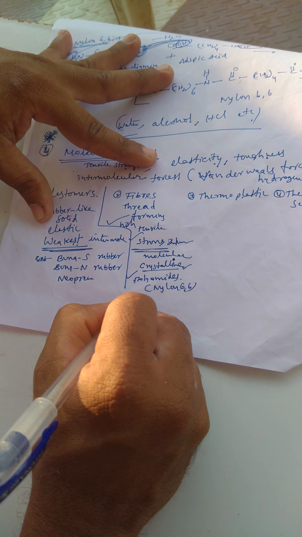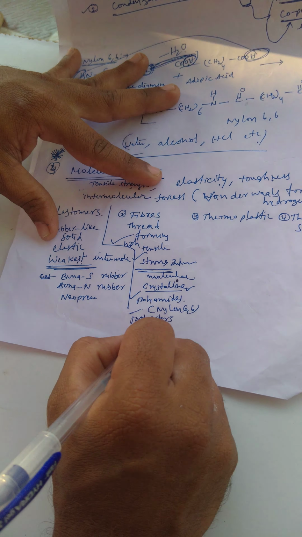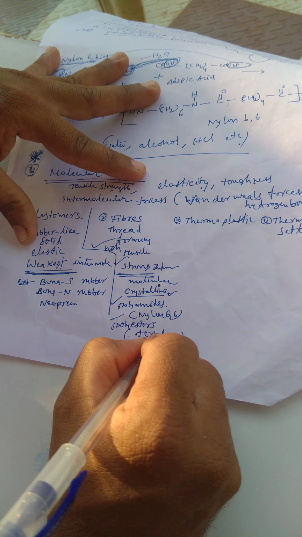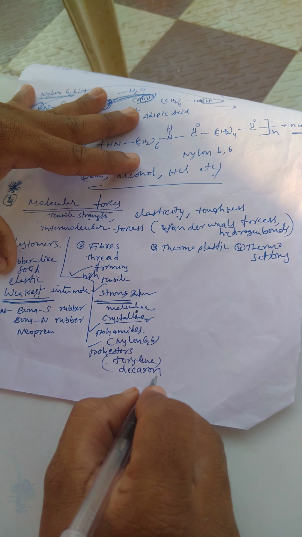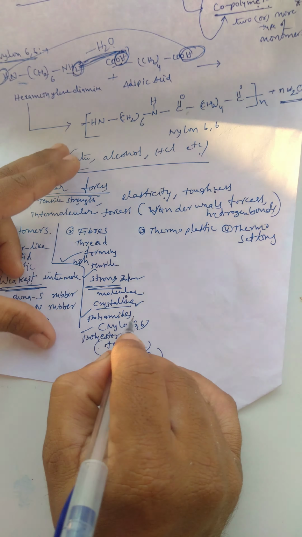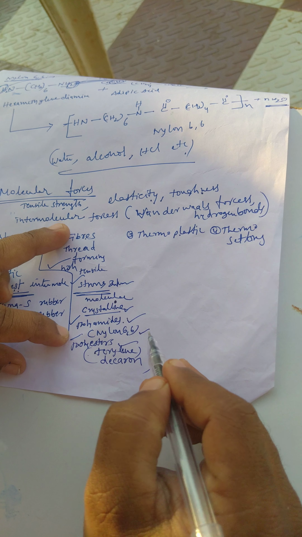And polyesters also come under this category. Terylene, also called Decron. Terylene or Decron, both are the same. So there are two categories in fibers: polyamides and polyesters. In polyamides, nylon 6,6.